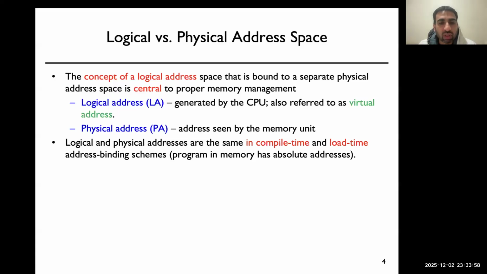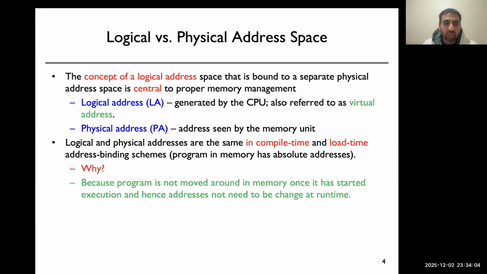As I said, logical and physical addresses are the same in the compile time and load time address binding schemes. Why? Because in these binding schemes, when we bind the data and functions to their addresses at compile time or at load time, the program is not moved around in memory once it has started execution.